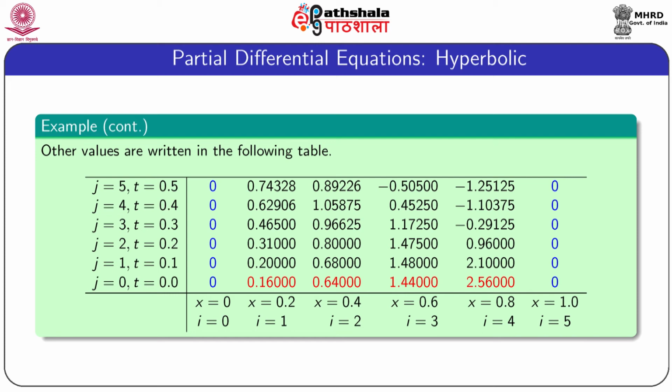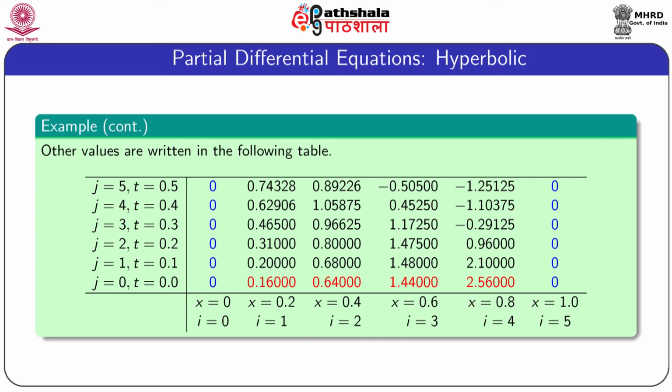The second row, when t equal to 0.1, the values are 0.2, 0.68, 1.48, 2.1, and 0. These are the values of u when t equal to 0.1 and x equal to 0.2, 0.4, 0.6, 0.8 and lastly x equal to 1. When x equal to 1, the value is 0.